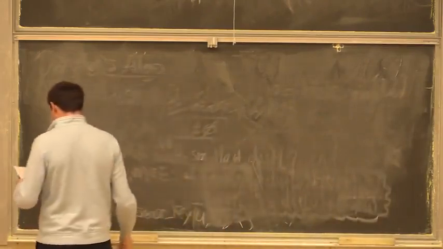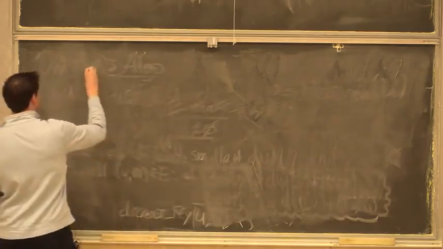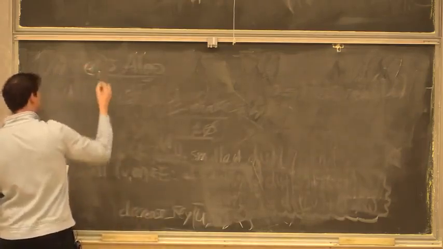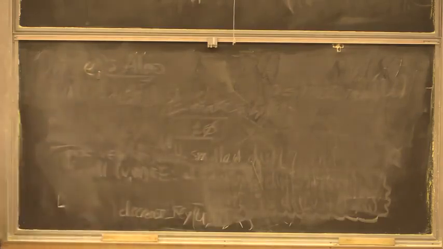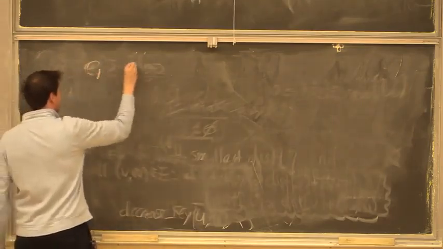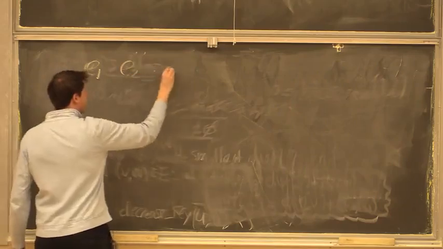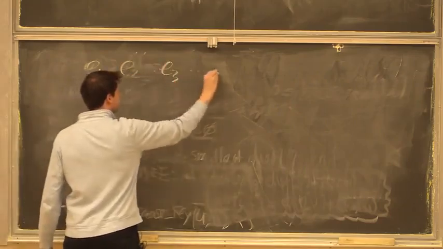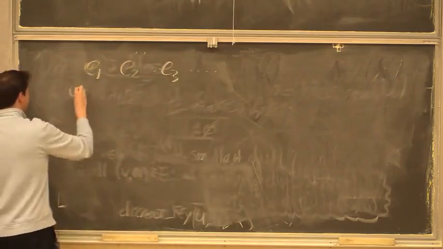So the picture you should have in mind is that you write out in a sort of imaginary table all of the edges, and you say, OK, update.